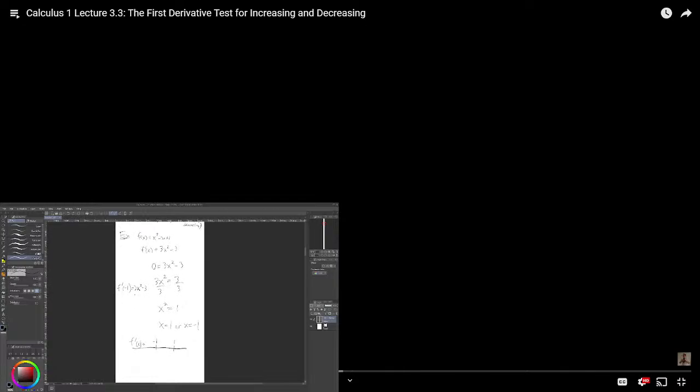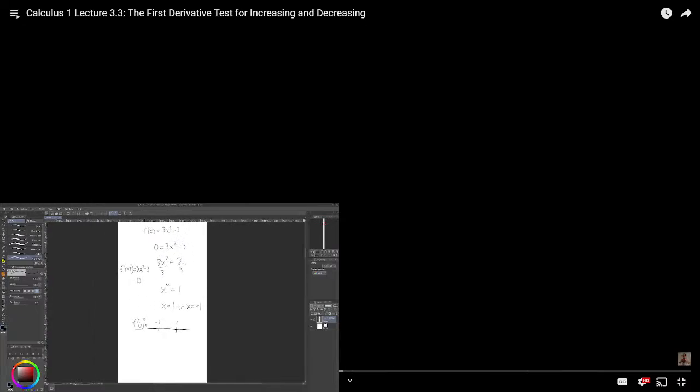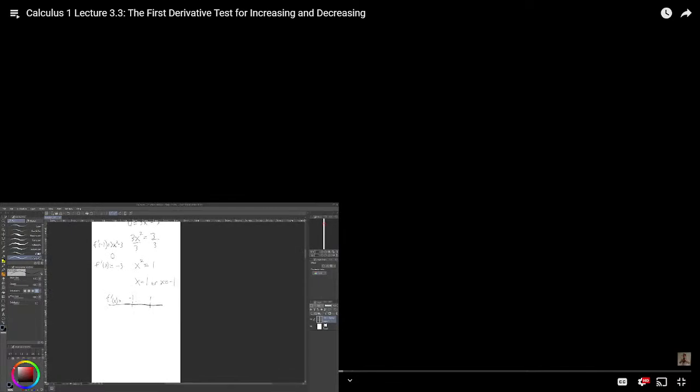So this is 0. What's the point of this? f prime of 0 equals negative 3.